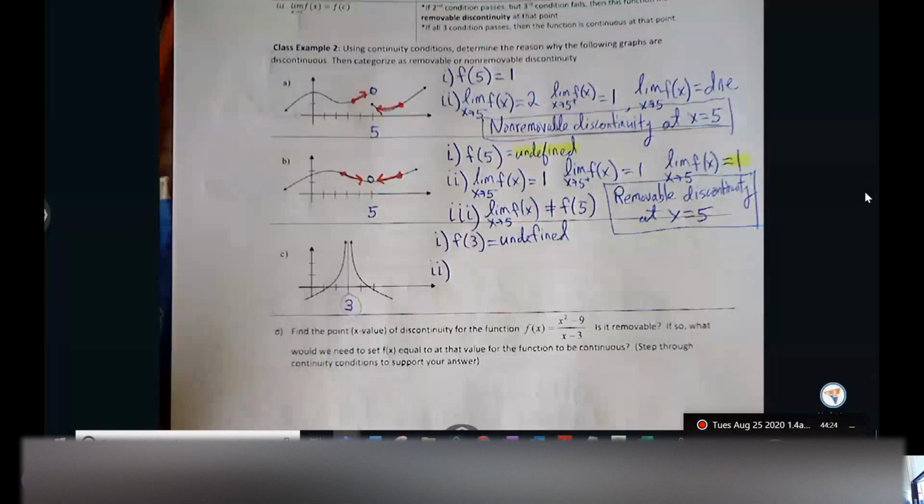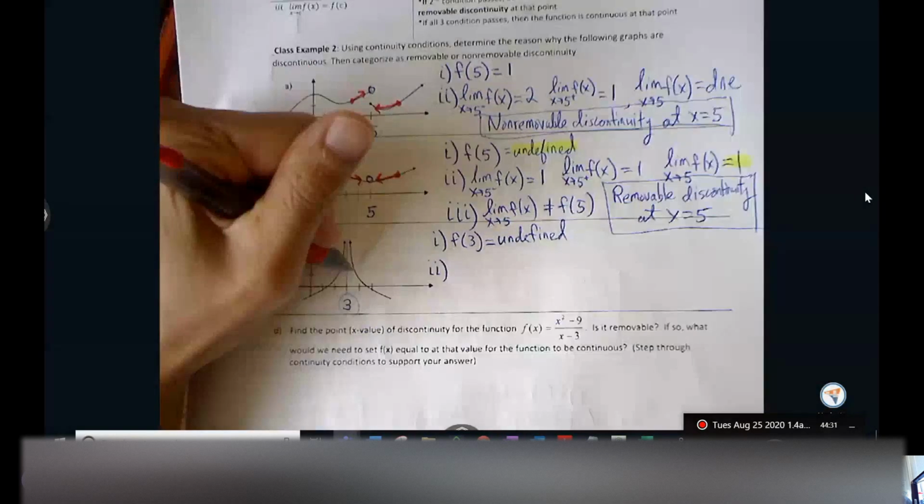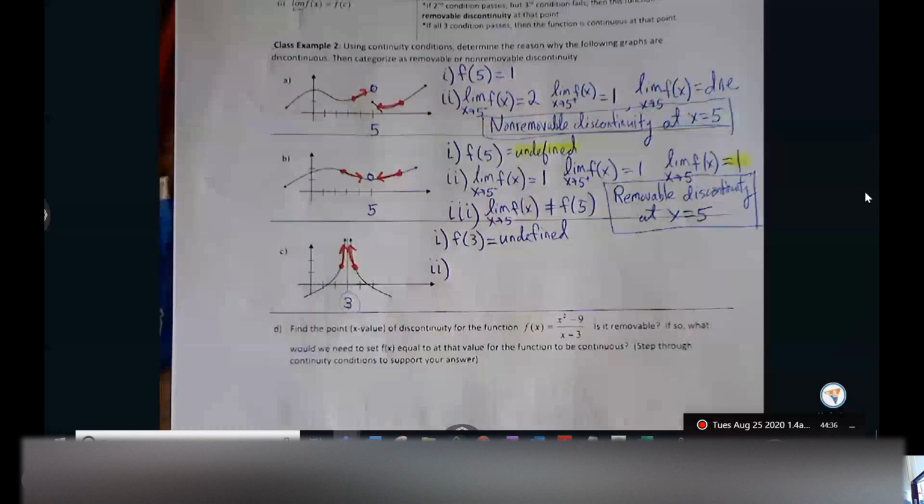Second condition, does the limit exist? We're going to practice with our one-sided limit notation. So I'm going to draw 2 points, follow the path of the graph, and they're both leading me towards infinity.